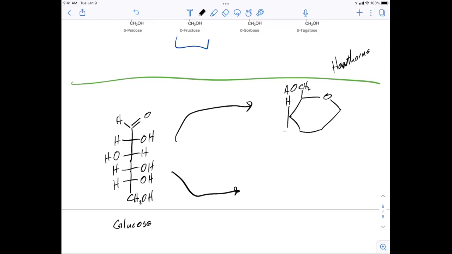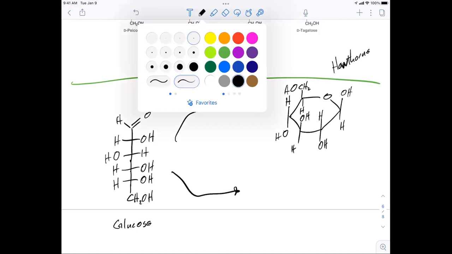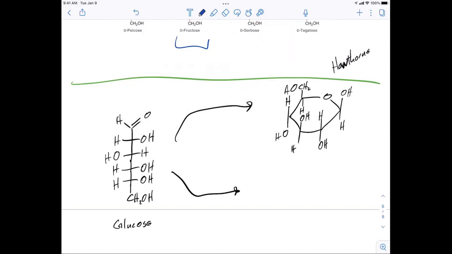It's a specific projection that's used kind of like Fischer, just for sugars. Okay, and now I have the OH up. We're going to call this version the beta.